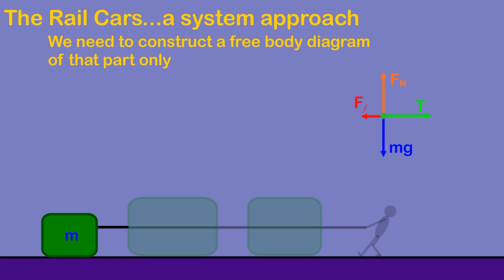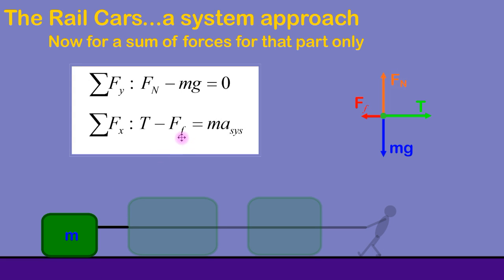So we could take this and write a sum of forces. Again, the vertical parts give us 0. So the sum of forces vertically just gives us 0. But the sum of forces horizontally, they don't equal 0. In fact, it's tension minus the force of friction equals mass of the part times the acceleration of that part, which is the acceleration of the system.